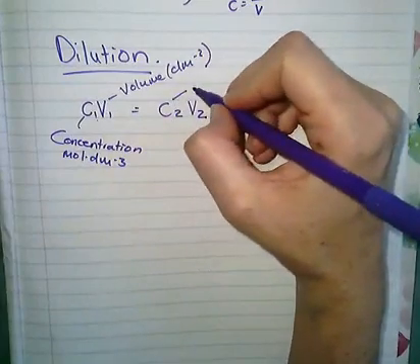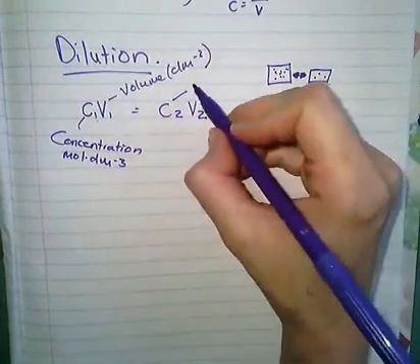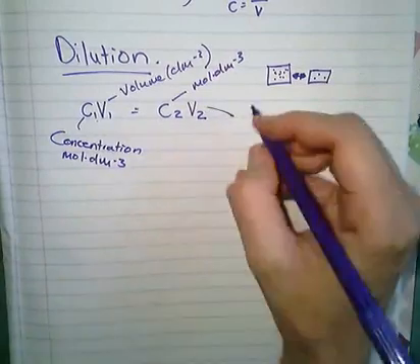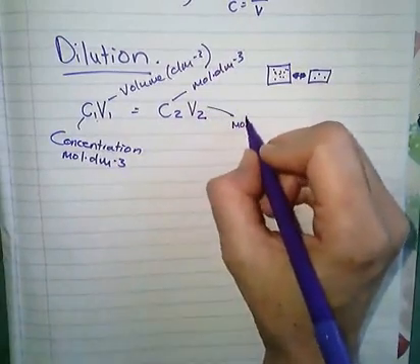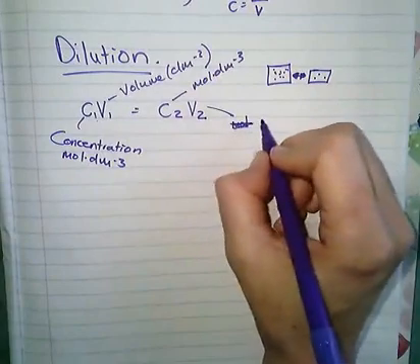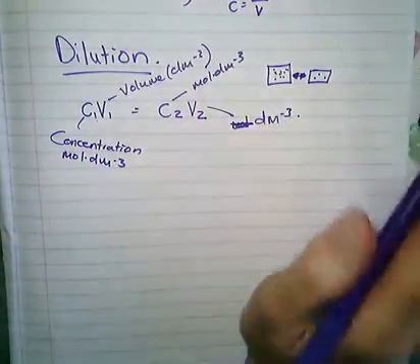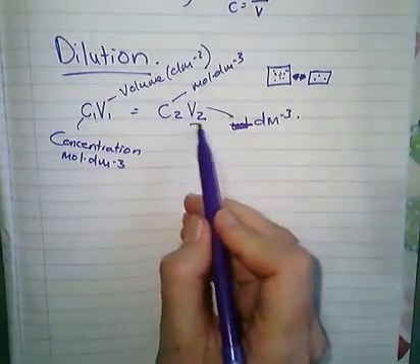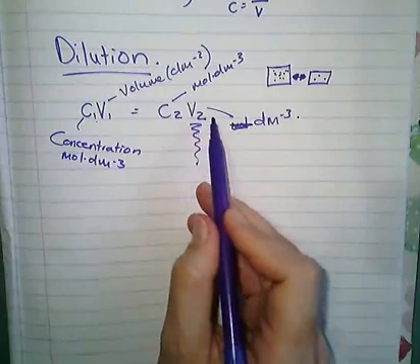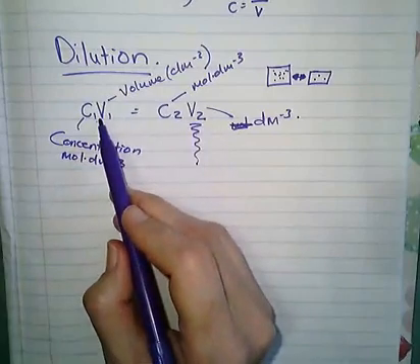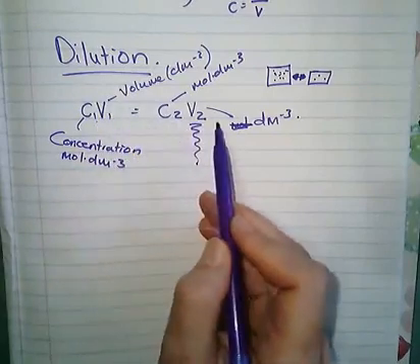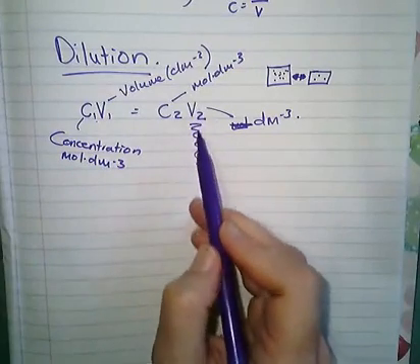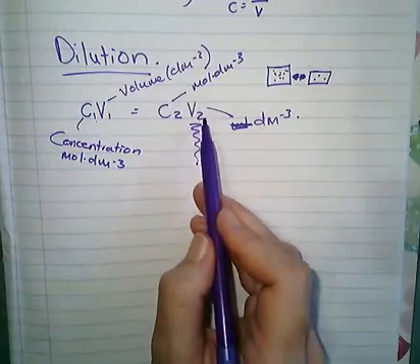Now, you need to remember that this is the total volume you have after adding water. So this is not how much you add. This is the amount you have after adding water, the volume you have finally. So if you need to give the answer, how much would you need to add? You would have to subtract how much you had in the beginning from how much you have in the end.